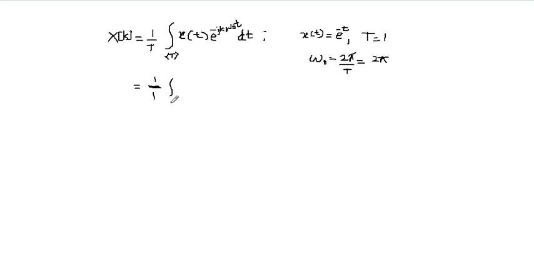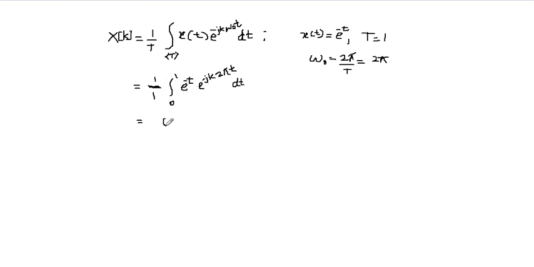So over the duration of one cycle, t from 0 to 1, x of t is e raised to minus t, and e raised to minus j omega naught k t we can write in this fashion, where omega naught is 2 pi.